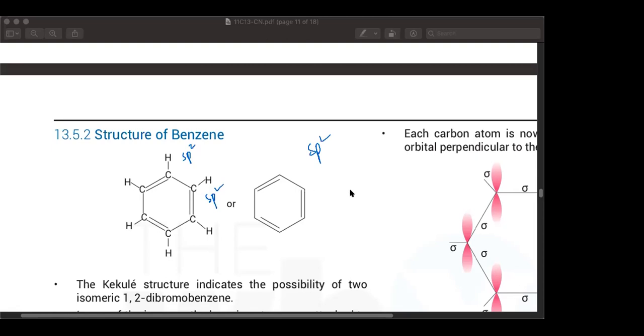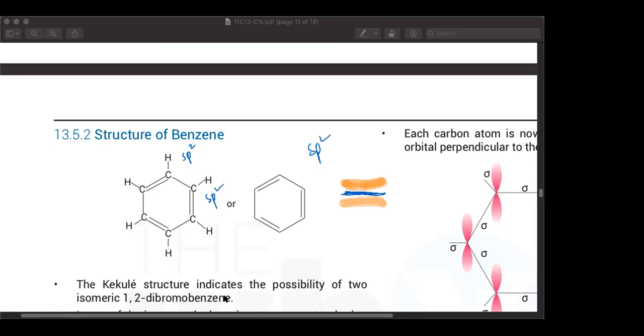If the benzene is just lying down, imagine the hexagon lying down over here, the pi bond overlaps are above and below the planar structure of benzene. All the pi electrons are floating over here and over here. If you looked at benzene sideways, this is what you'd see.